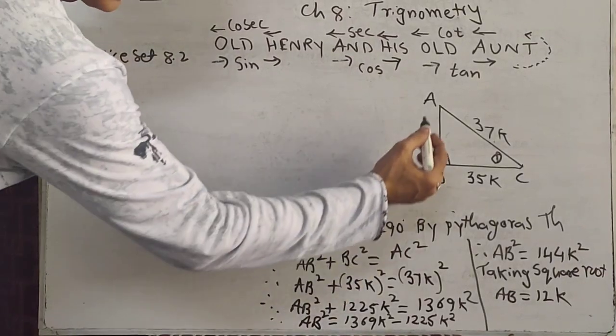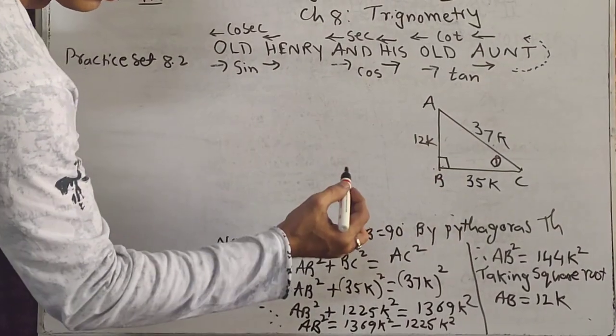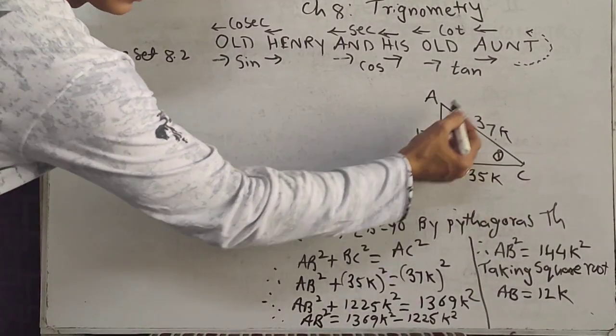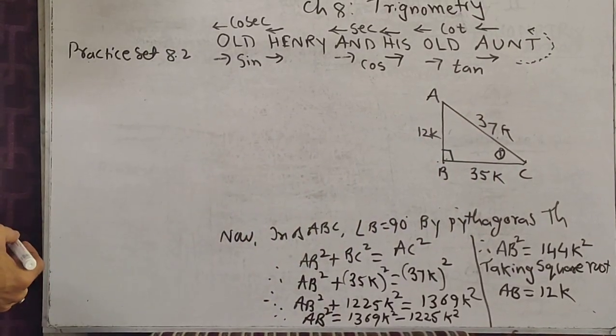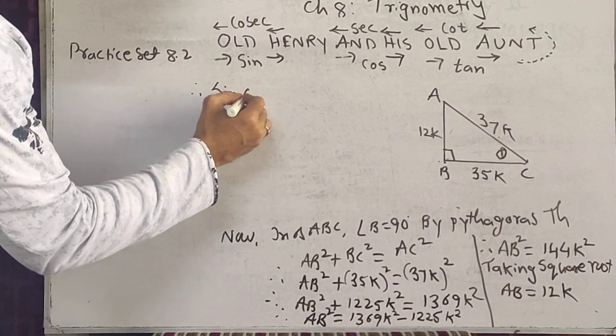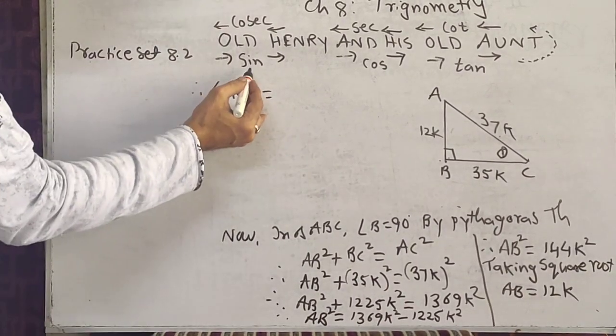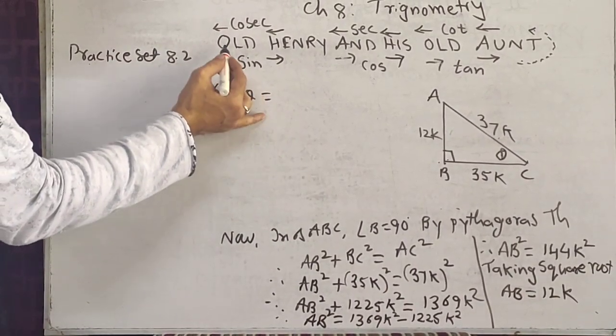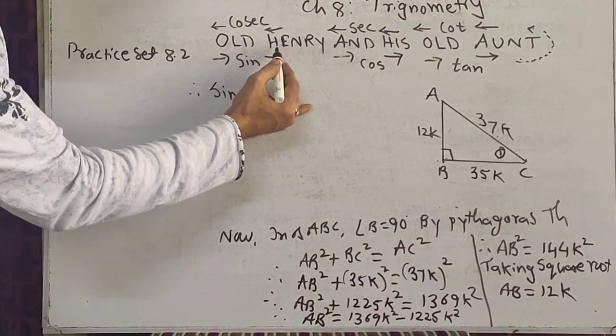Okay, now after getting AB value 12k, we know all the three values. You want the answer for sin theta. Therefore, sin theta is what? Now see the formula: opposite side upon hypotenuse.